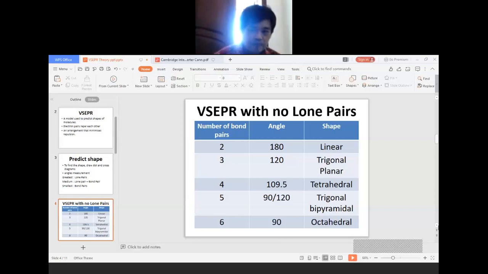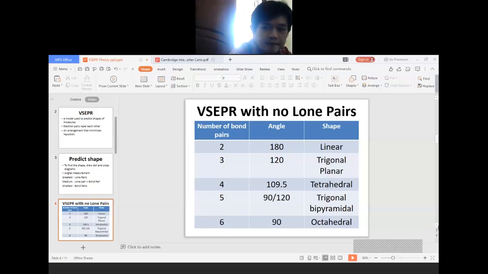The shape of methane and diamond is the same, tetrahedral, and the angle is the same. The difference is the atoms that build up the methane and the diamond.